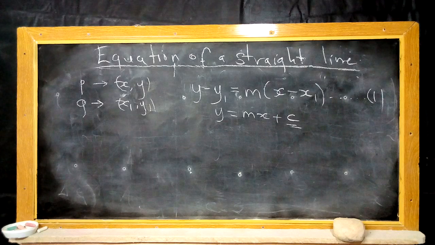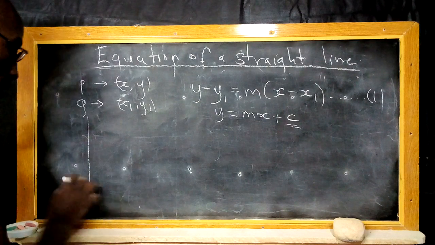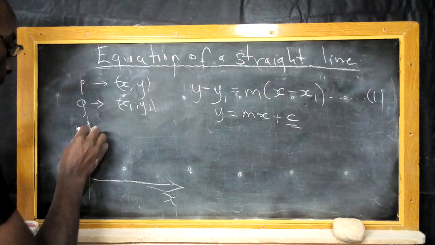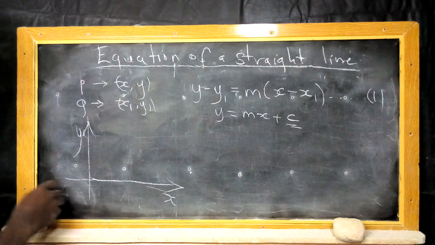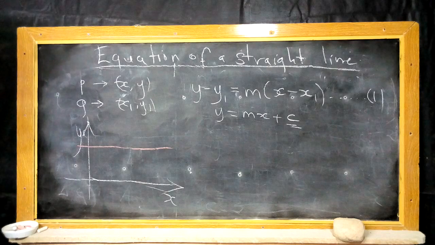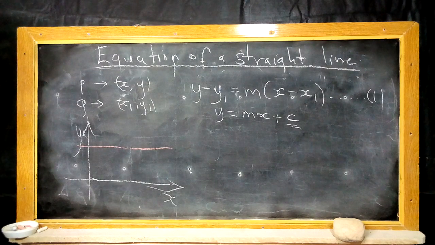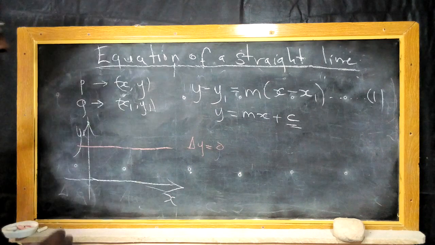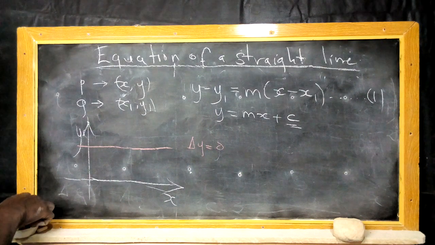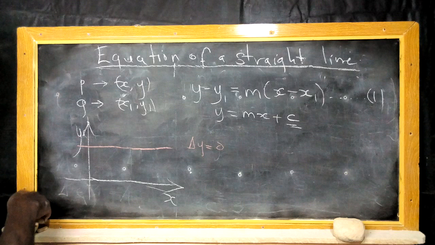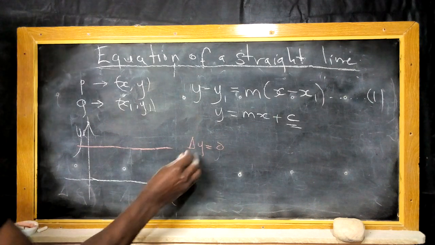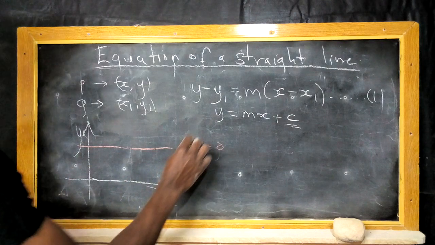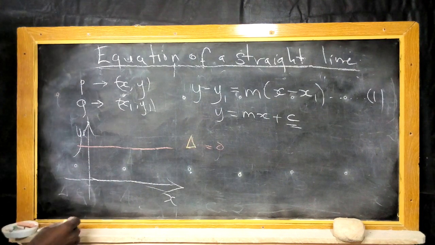Now, suppose we have a graph with x and y axes, and then there's a straight line of that nature, and we'll find that the displacement in y is equal to 0. Of course, not y actually, this is the change in y.